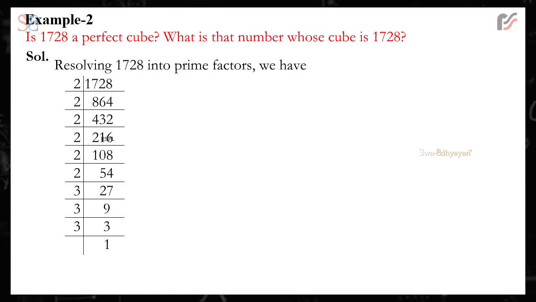On dividing 432 by 2, we get 216. On dividing 216 by 2, we get 108. On dividing 108 by 2, we get 54. On dividing 54 by 2, we get 27. On dividing 27 by 3, we get 9. On dividing 9 by 3, we get 3. On dividing 3 by 3, we get 1.